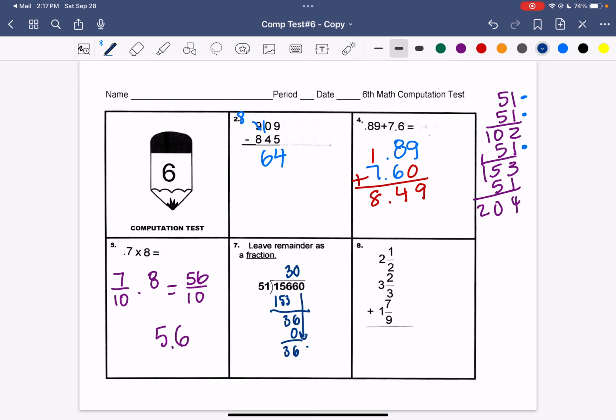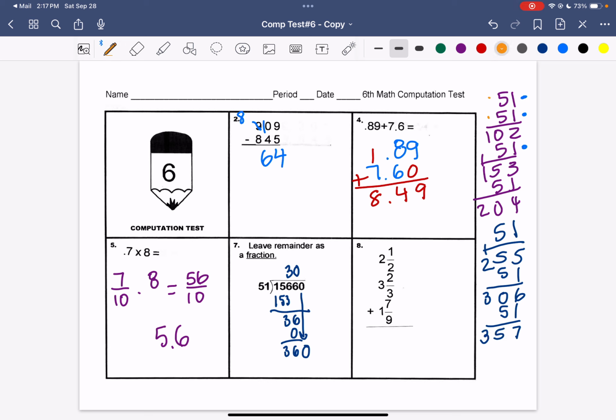I can bring down this. My new division problem is 360 divided by 51. I brought down the 0 because that's the next problem. I'm going to go back to the right side of the screen, and I'll keep adding. So 357 is about as close as I can get.